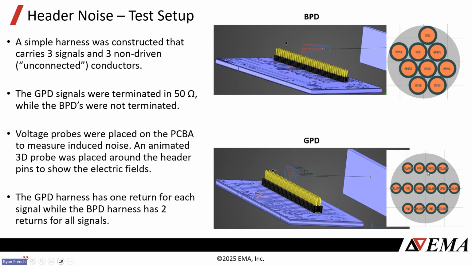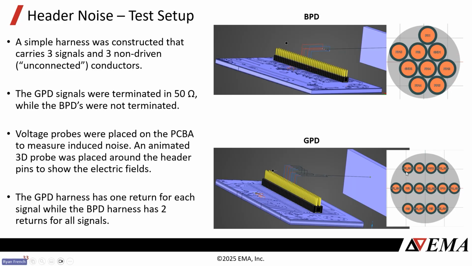In EMC Plus, what I did is I cut a chunk out of each of the boards with just the header area, and I used M-harness, which is a really nice way of setting up your conductors, where you just draw lines and then you assign conductors to them. And so if we look at the cross section of the bad design, we see all the signals that I'm driving, and there's only 1, 2 grounds in that harness.